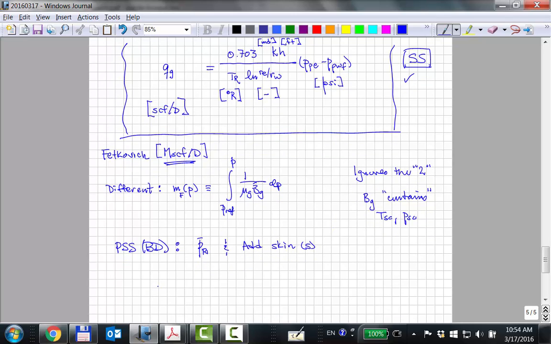Okay. And then we're going to get something that looks like this. Pseudo pressures, average pressure, and then we've got reservoir temperature, log RE over RW minus 3/4. That's because we're using average pressure here, and it's got a no-flow outer boundary, plus skin.